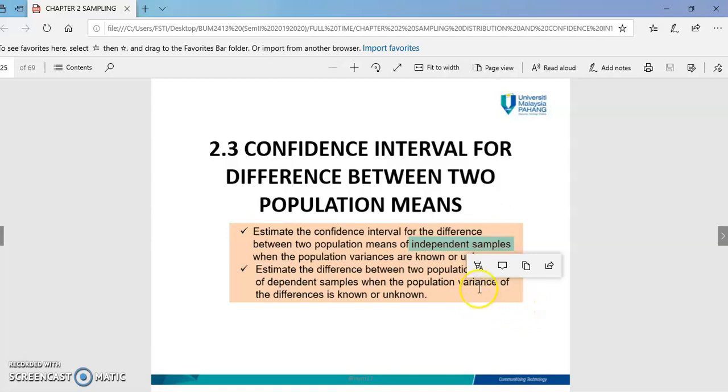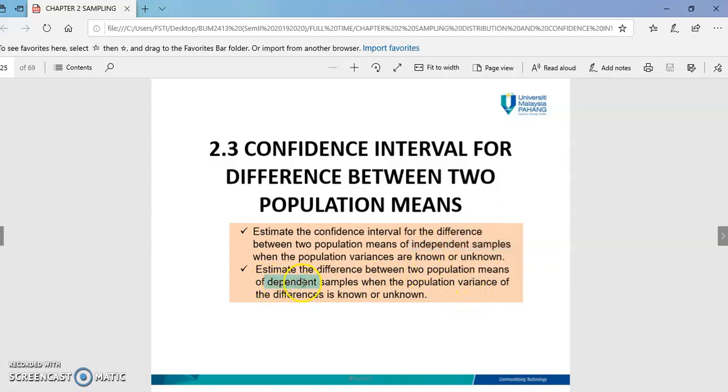We have two different data collected from two different groups of subjects. We have one group of people and a second group of people. The first data is collected from the first group and the second data is collected from the second group of people. That's independent sample.